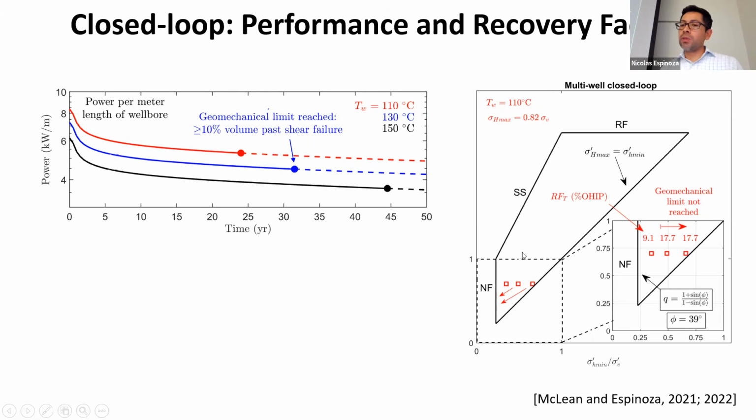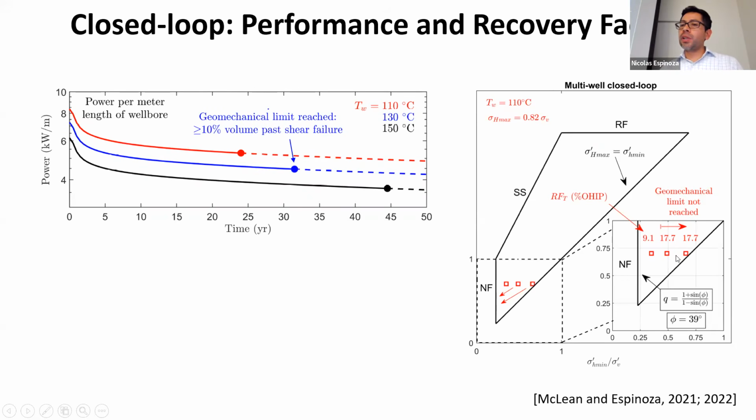For the normal faulting case, what we see is the recovery factor, which we call the amount of heat until you get a certain limit of reactivation in shear. And in this case, we set a very rigorous limit to 10% of the volume of the reservoir getting into shear.